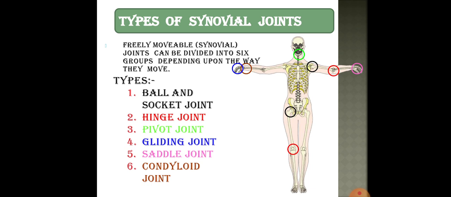Types: first one is ball and socket joint. Second one is hinge joint. Third one is pivot joint. Fourth one is gliding joint. Fifth one is saddle joint. Sixth one is condyloid joint.